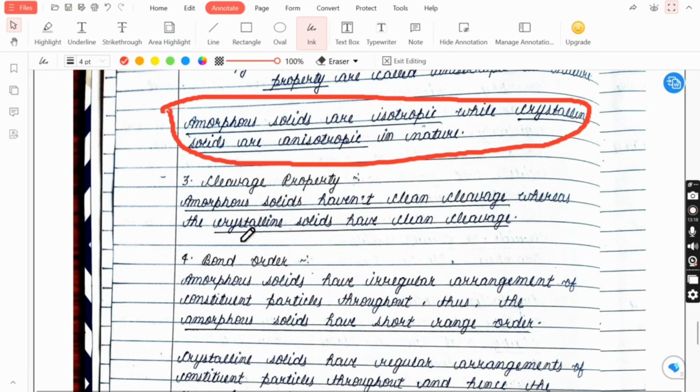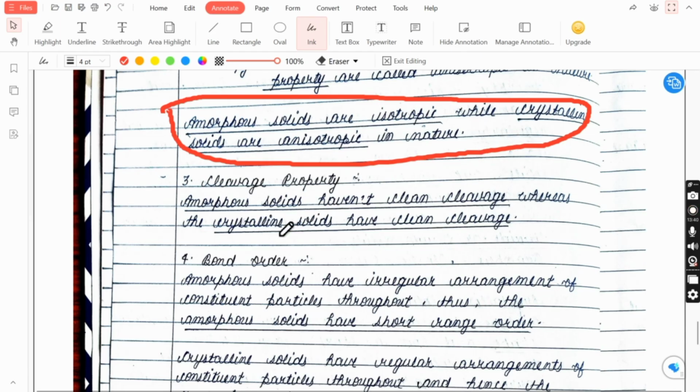Then what is the cleavage property? Amorphous solids don't have clean cleavage, whereas crystalline do. Clean cleavage means that when you cut an amorphous solid, it will not be cut very cleanly. You understand cleanly, like cutting of a cake, sometimes it cuts very clean. But amorphous solids are not that clean cut.